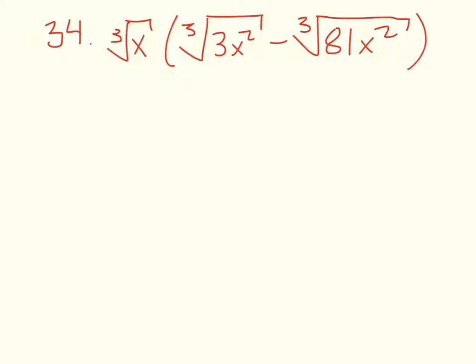So what's the first term become? So the cube root of 3x to the third minus, right, because we're multiplying the inside. He actually multiplied the outside numbers.